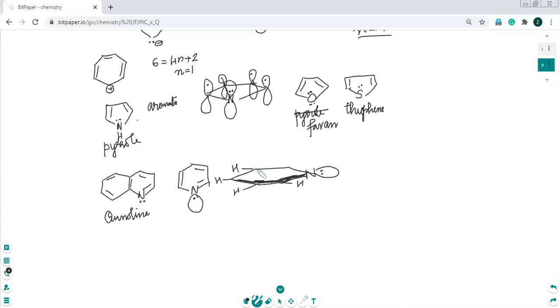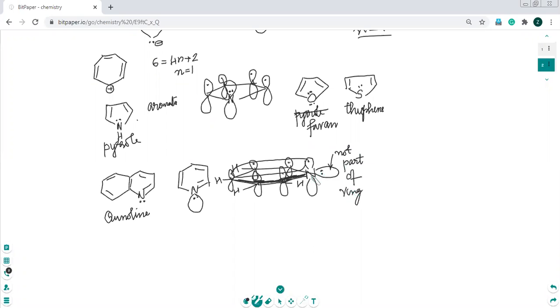And here also there is an empty p orbital. And this will contribute one electron. And therefore, this electron is part of the ring. This electron is not part of the ring.